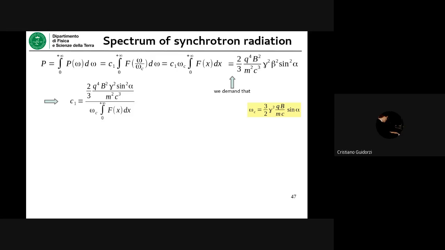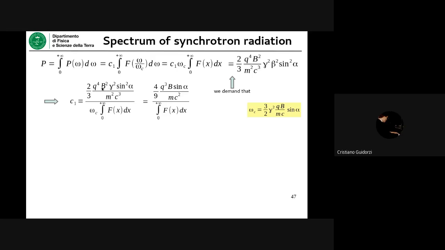Remembering, here I remind you the definition of the critical frequency, just by making the omega b explicit. And so you clearly see the scaling with gamma squared, as I said. By replacing the value of omega c here in the denominator with this value, you see in particular that the dependence on gamma just cancels out.